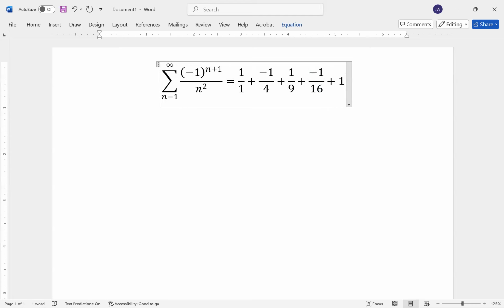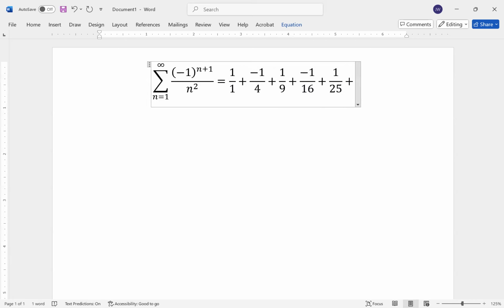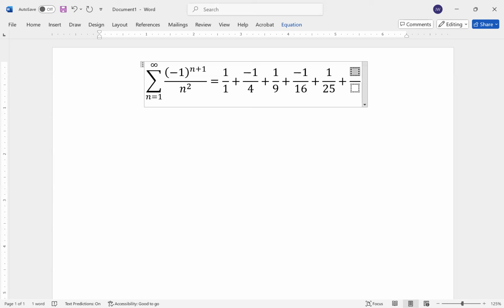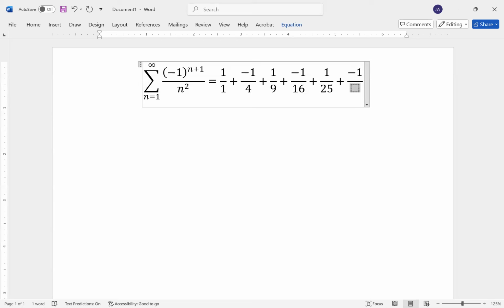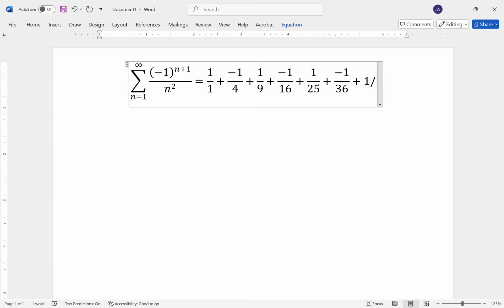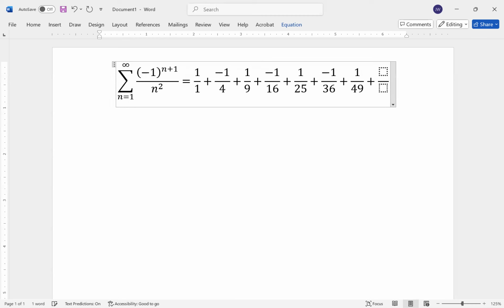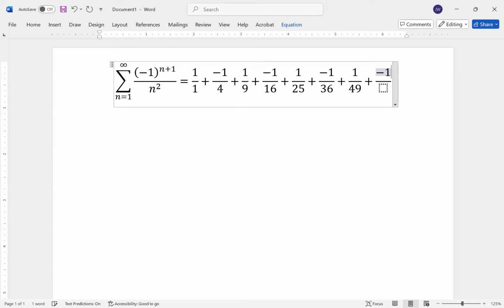Let's get a few other terms. The next term would be +1 over 25. The next term would be -1 over 36. The next term would be +1 over 49. And then the next term would be a -1 over 64.